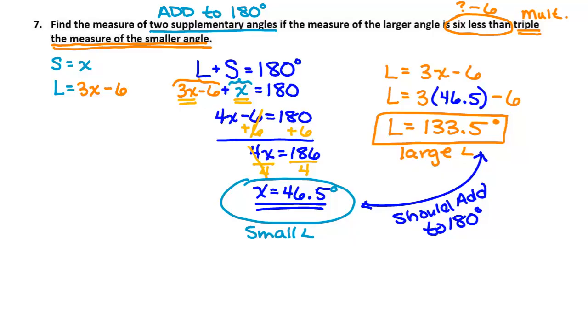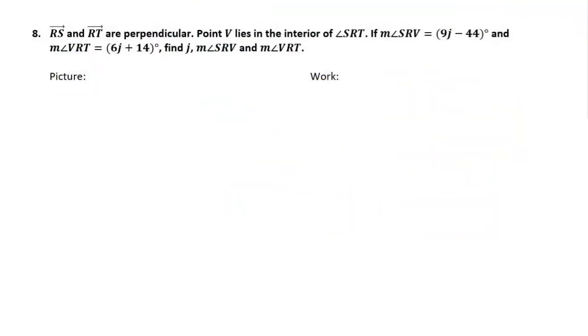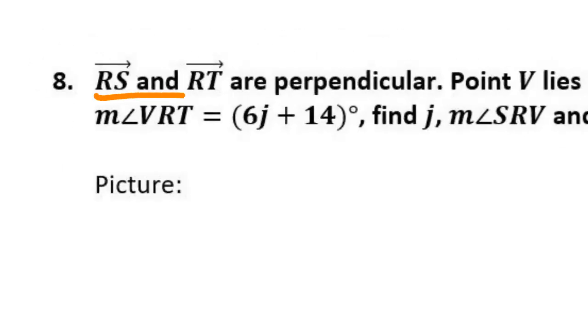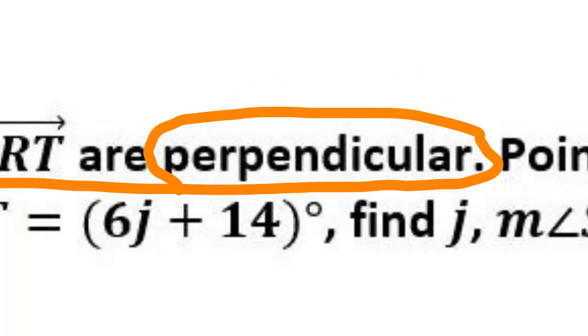Let's look at number 8. Number 8 says ray RS and ray RT are perpendicular. Perpendicular means what again? Yes, means makes right angles.